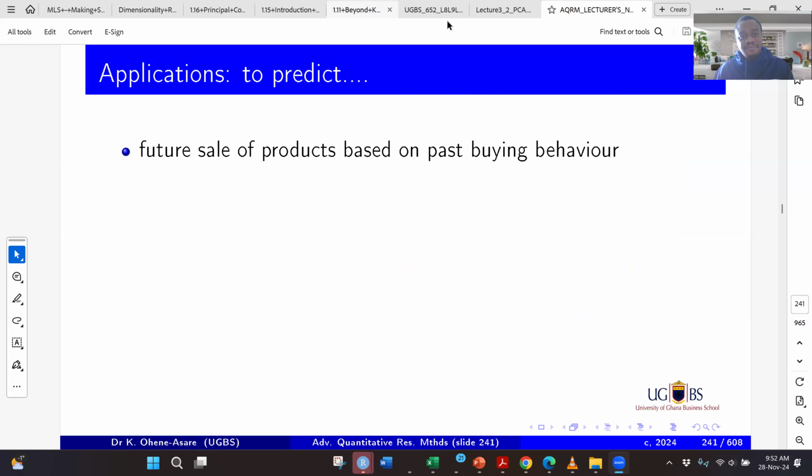It's very important. Let's take practical things. Application. What is the essence of doing causality? Well, one of the areas is that you can apply it to future sales of a product. Based on the past buying behavior, you can predict how much will be sold next time.